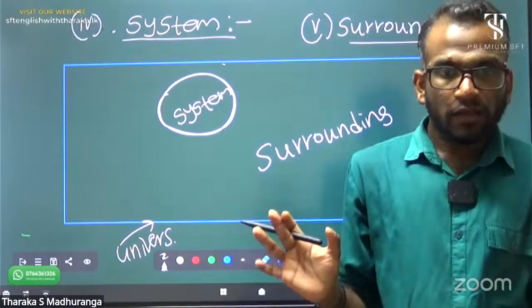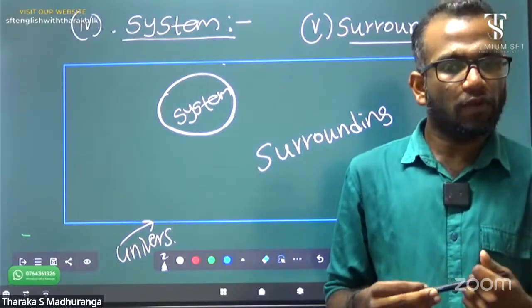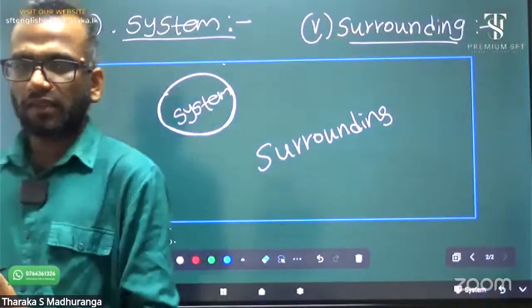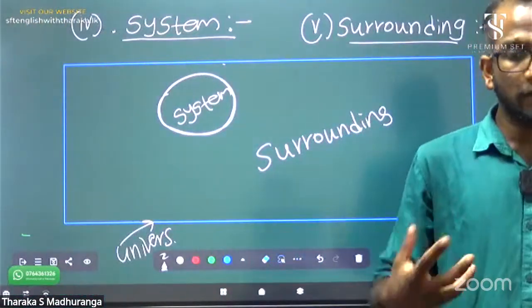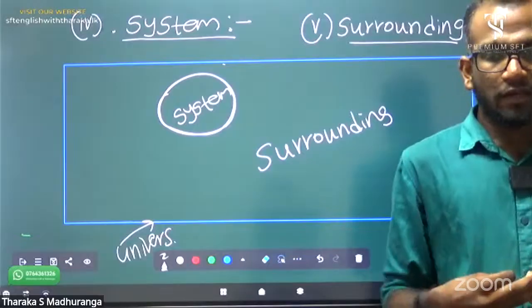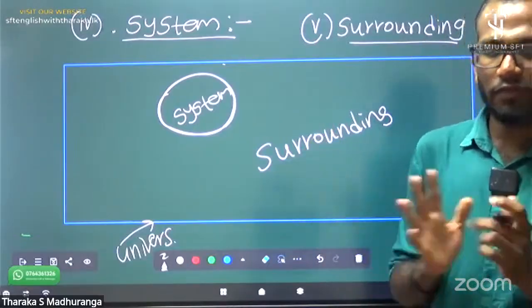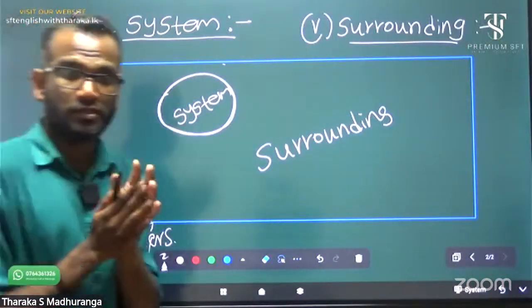Except the system, all other areas in the universe are called the surrounding. Clear? They are very simple things, but you should have a full idea of the meaning of system and surrounding, and now we are going to discuss the relationship between them. Therefore, you need to know these with perfect definitions.